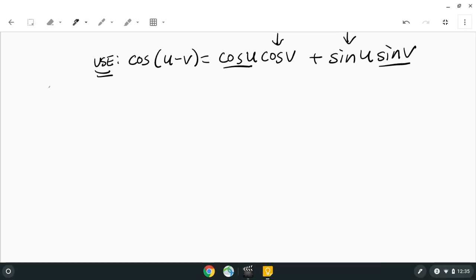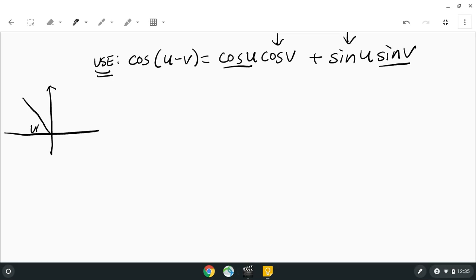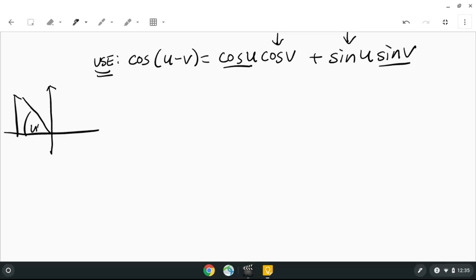We'll do one for u. Okay, and so here's angle u. I'll do u prime, we'll use a reference angle. And we'll also do one for v. So here's v prime.